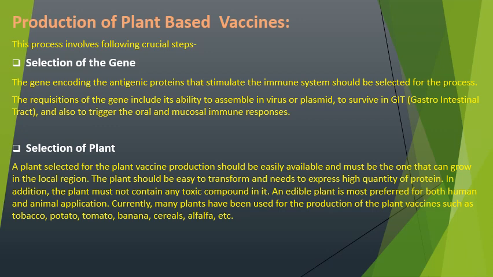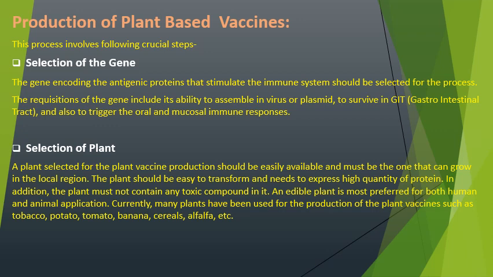Second step will be the selection of a specific plant. A plant selected for plant vaccine production should be easily available and must be one that can grow easily in the local region. The plant should be easy to transform and needs to express a high quantity of protein. In addition, the plant must not contain any toxic compound.